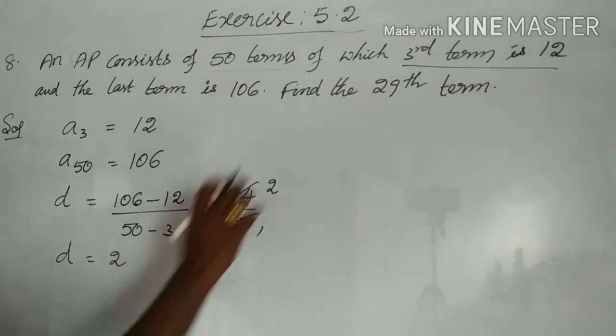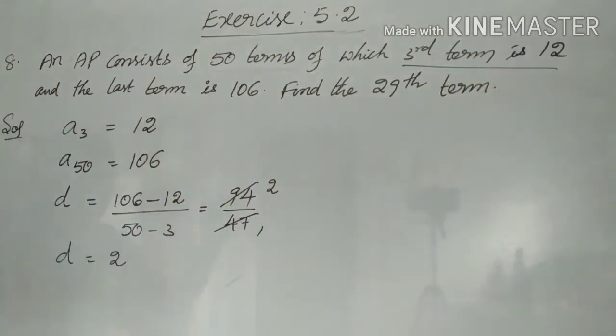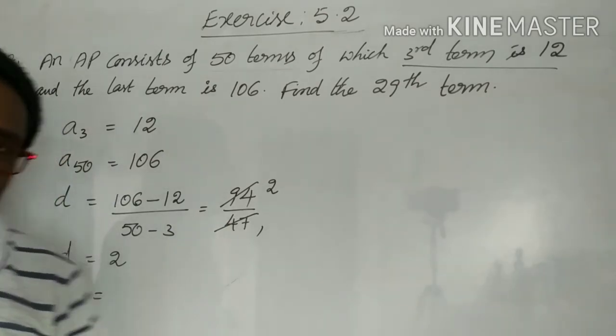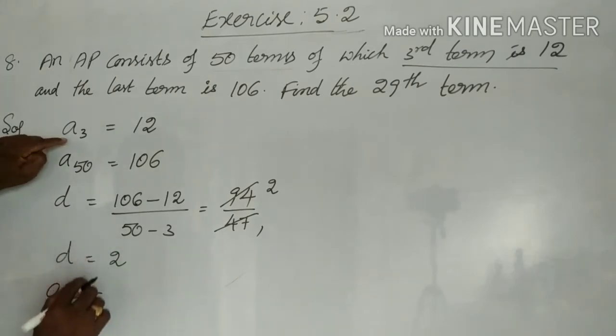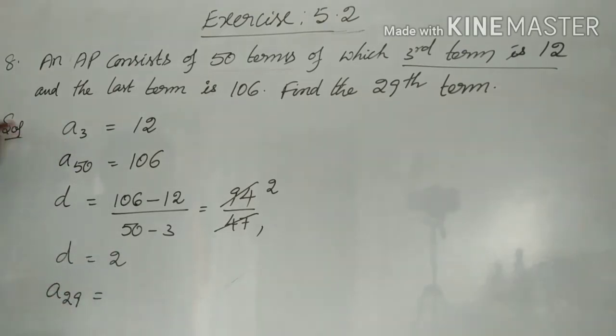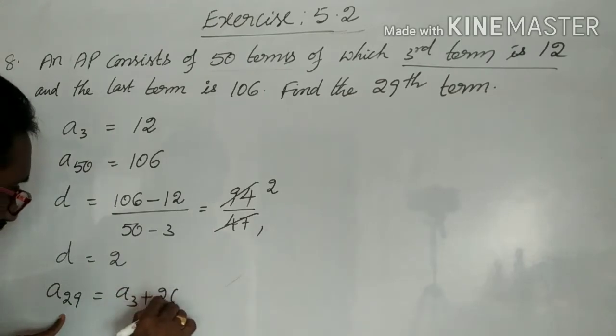Okay. Now 29th term asked. A29 is equal to. In these two terms, anyone you can take, I told. Now I will take here first the third term, A3. 50 also we can take, no problem. 29 minus 3, how much? 26.